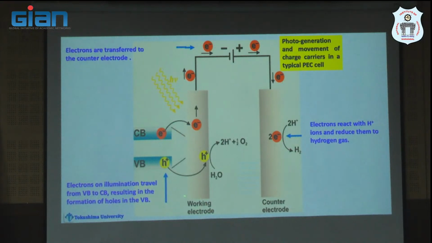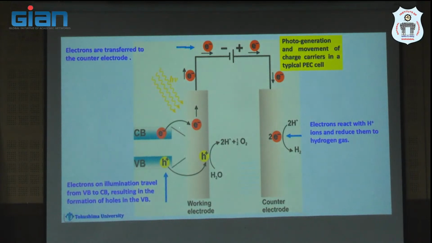Basically, the process is almost the same as photocatalysis. Similar kind of oxidation reduction process occurs. Electrons can move from the valence to the conduction band and be attracted toward the electrode with the help of this light. In electrolysis, there is no light. In simple electrochemical processes, there is no light.